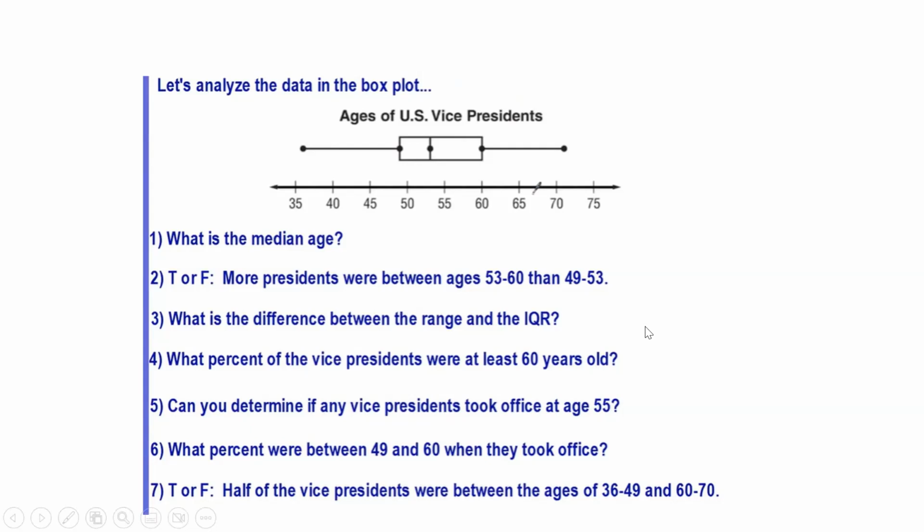The range should be 71 minus 36, approximately. The interquartile range will be 60 minus 50, roughly 15. So at least once you know the definition, you are good to go.